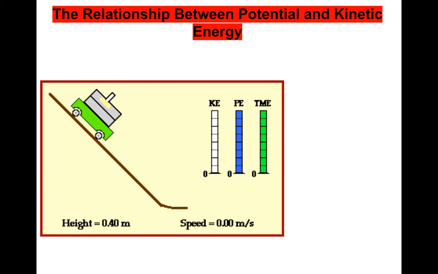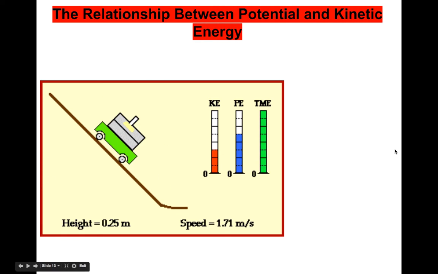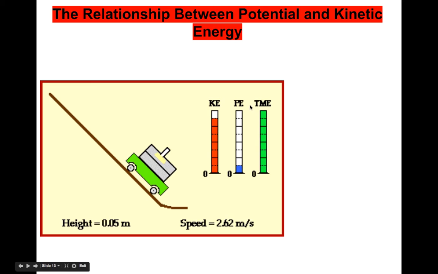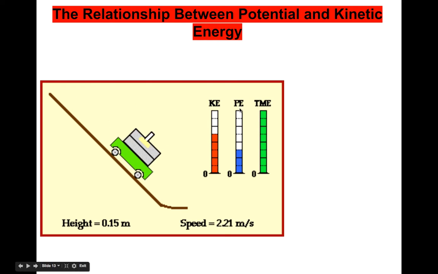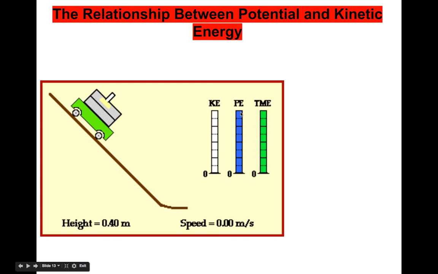So if you take a look at this car, it has weights on it and it's on a hill. So what you're looking at here is both types of energy. When it's at the top, you'll notice that the blue is already at the top. But then as it's let go, the potential energy is actually converted into kinetic energy.